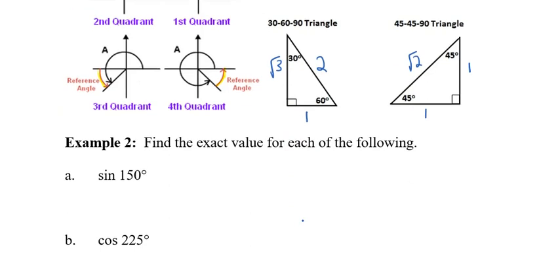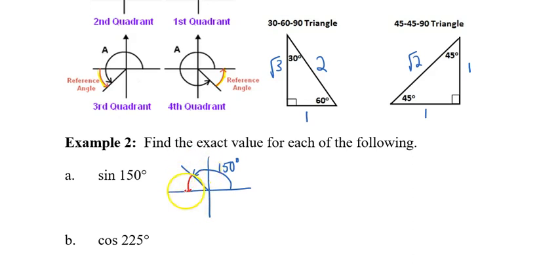All right. What we're doing, they tell us to find the exact value, in other words, not decimals, they want these square roots and things, for each of the following. And so sine 150, we are going to find what quadrant it's located in and find its reference angle and then use that value. So if you think about graphing 150, 150 is going to be somewhere in the second quadrant. And so in the second quadrant, your reference angle would be, again, close to the x-axis.